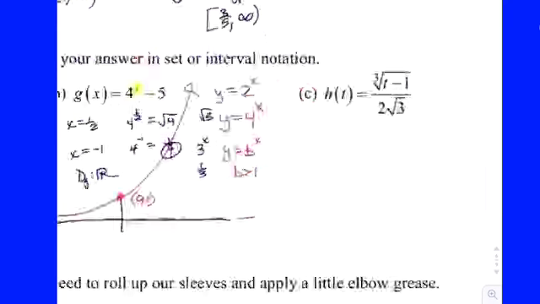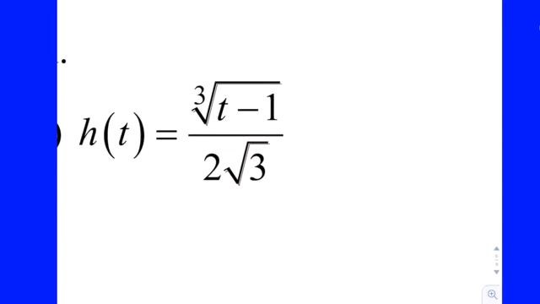So if you see something like this, the cube root of t minus 1, do we need to concern ourselves with t minus 1 being just positive or 0? No. Okay, so if you see a cube root in the numerator, just say, what's up, cube root? Have a good day. All right, so we don't need to worry about it. Now, if that thing were in the denominator, now we need to worry about division by 0, but we wouldn't have to worry about what's under the radical.